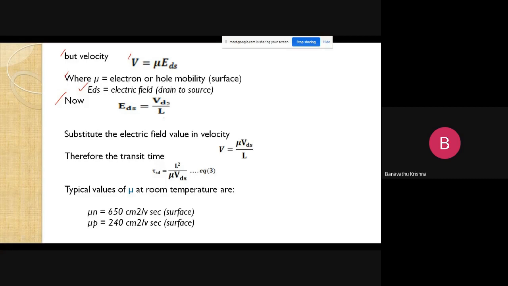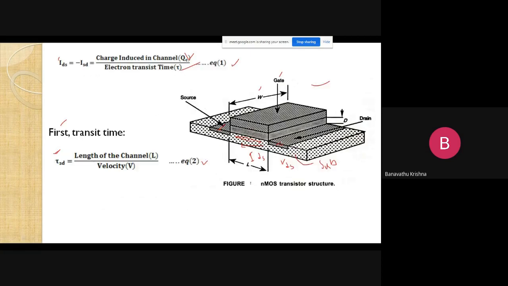Substitute this EDS value in the velocity equation. So V equals mu into VDS by L. But we know that the transit time equals L by V, the length of the channel divided by the velocity.